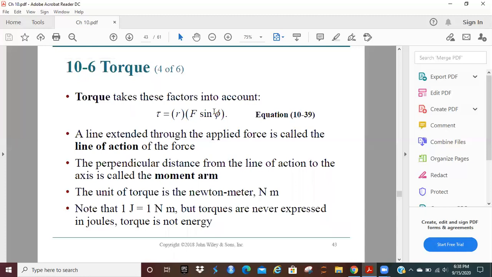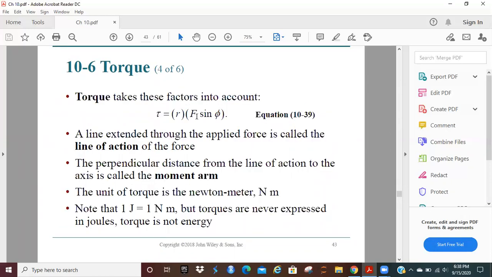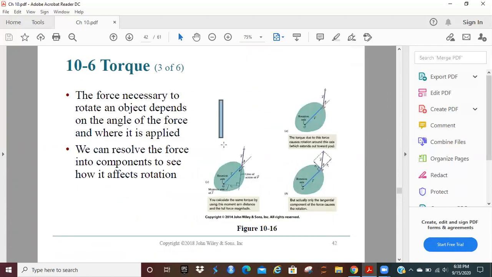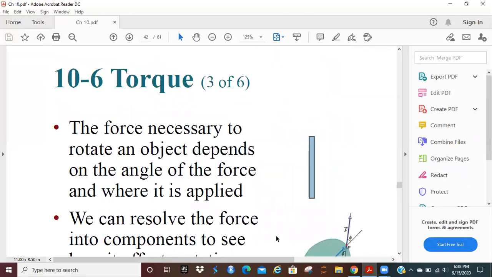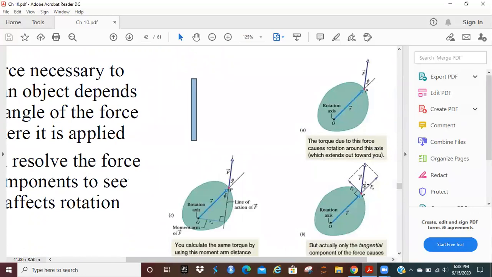So torque takes these factors into account. The torque is going to be equal to r, the rotational radius, times F, and then times the sine of the angle that is in between those two. You can see that here. You've got this, and then you've got this.